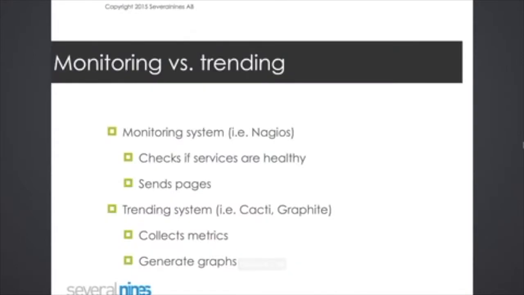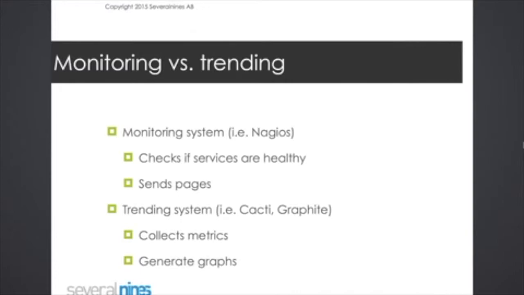So the first question is monitoring versus trending, because sometimes it's confusing. The monitoring system, for example Nagios, does some checks. It verifies that services are up and running, and if not, it will alert the user, whether by emails or integration with PagerDuty or other paging services.